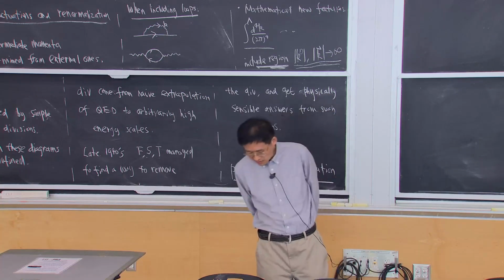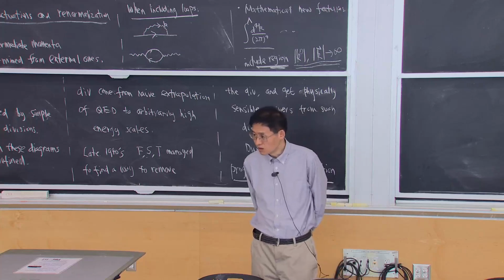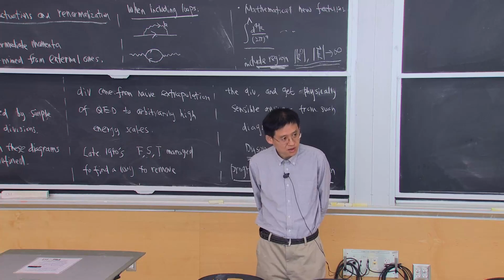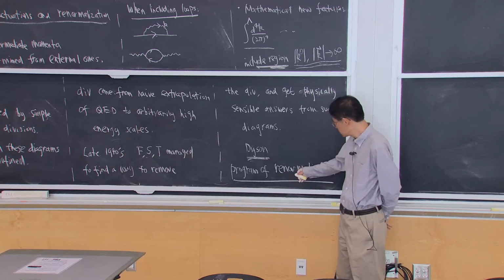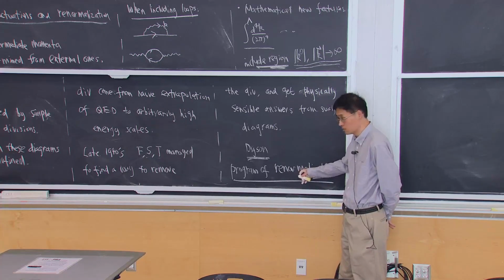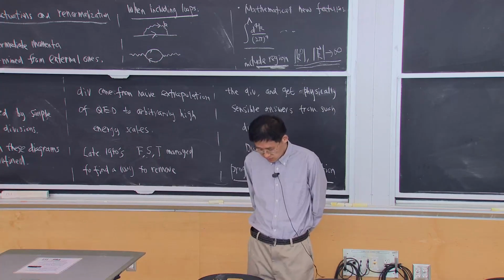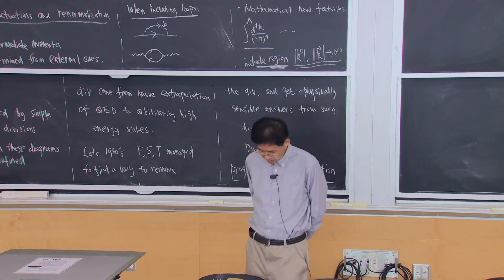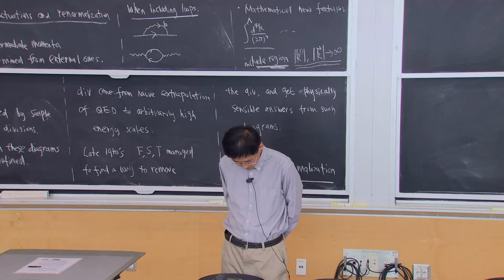Only much later, in the late 1960s or 1970s, when Ken Wilson came up with the renormalization group, did people finally understand the physical reasoning and basis behind this program. That was a revolutionary progress made by Wilson. All this will be covered in detail in quantum field theory two.